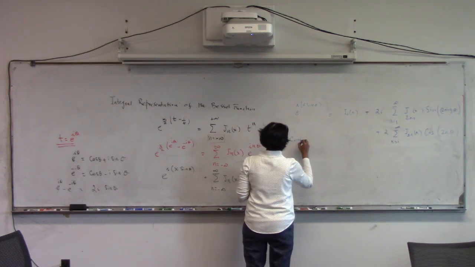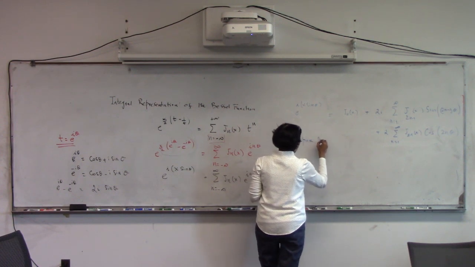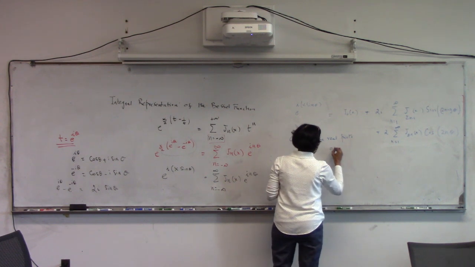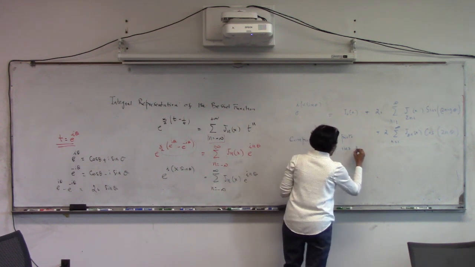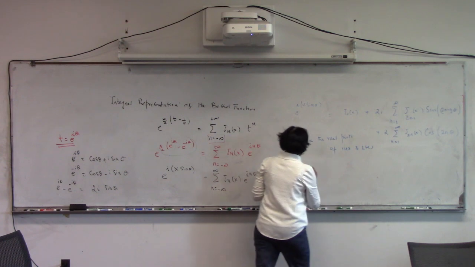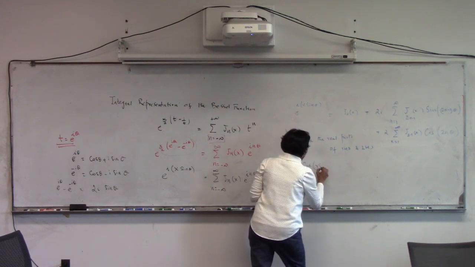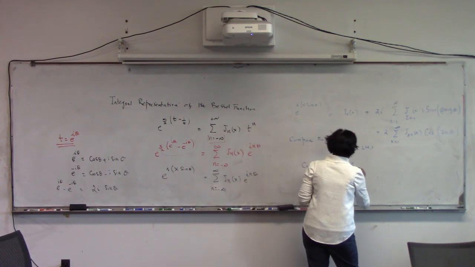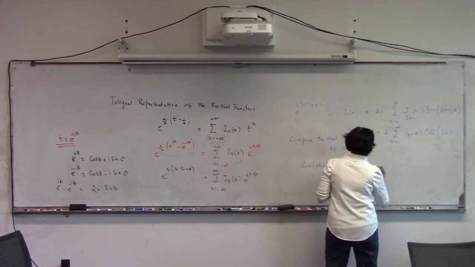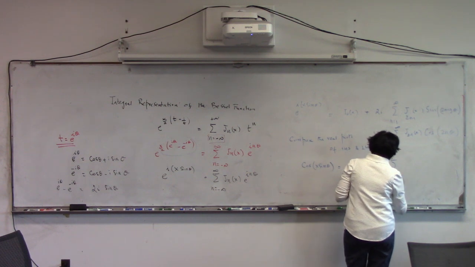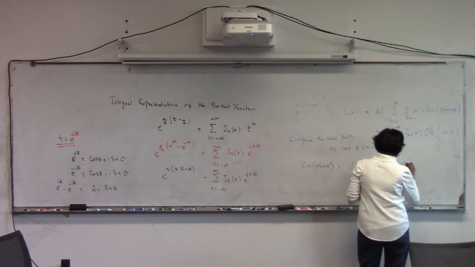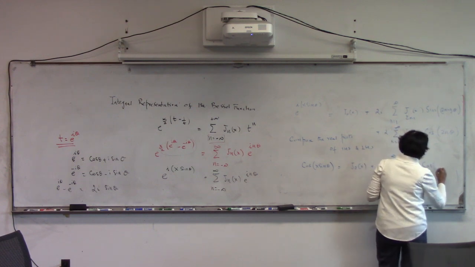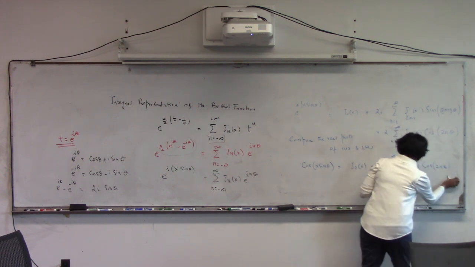Compare the real parts of the right hand side and left hand side. So I have cosine of x sin theta is nothing but J0(x) plus 2 times the sum over n from 1 to infinity of J_{2n}(x) cosine of 2n theta.